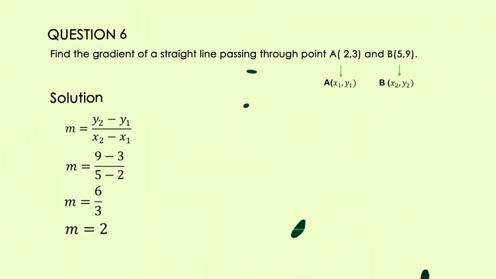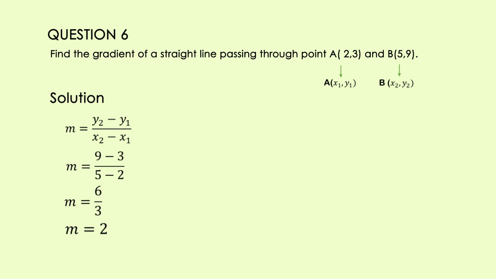Another question. Question 6. Find the gradient of a straight line passing through point A, 2, 3 and B, 5, 9. Just like the previous question, we need to determine the value of x1, y1 and x2, y2.